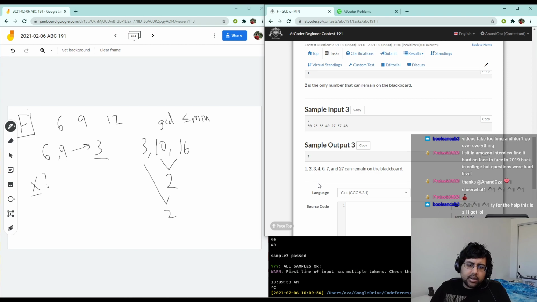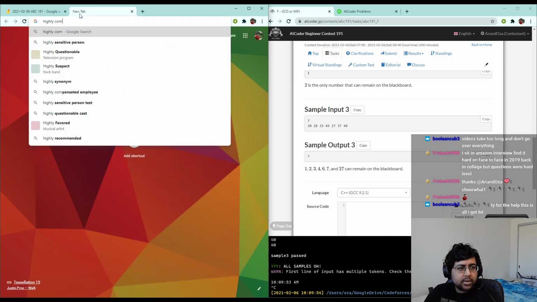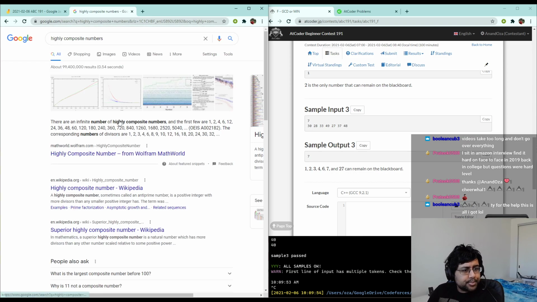We know it has to be a divisor of one of these numbers, but I think these numbers could have a lot of divisors. I'm not sure how many, so let's find out. Let's look at highly composite numbers.